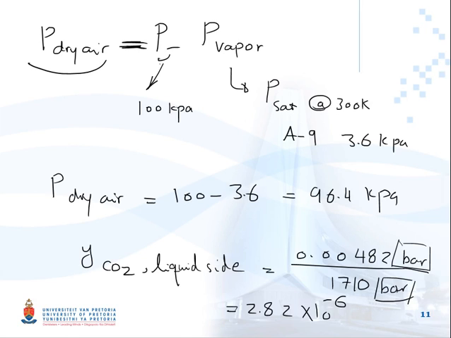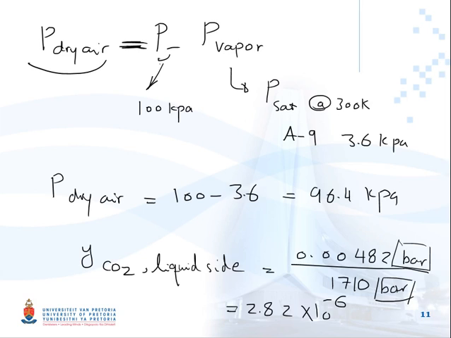But how could we find the pressure of the vapor? By going to the table and reading the saturation pressure at that specific temperature. We did that, and we found the dry air pressure.